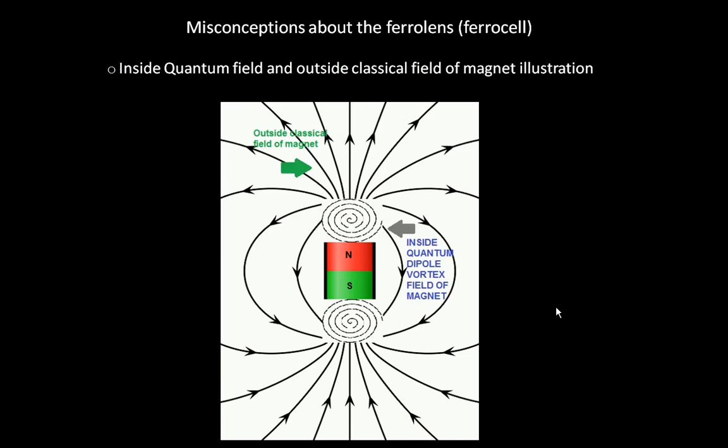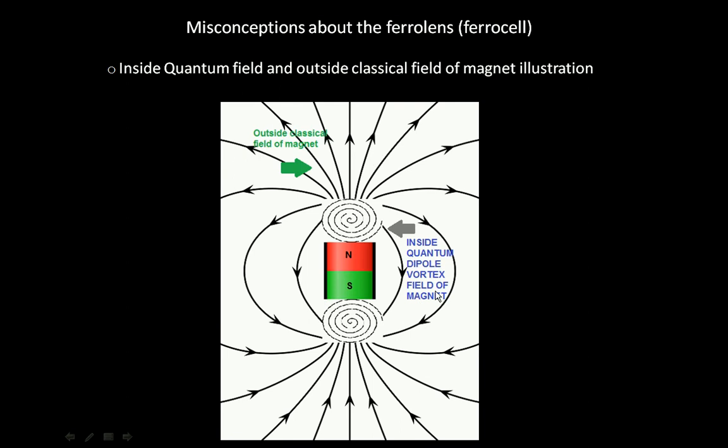You see here the two spirals, which are counter-geometrical vortices, in each pole of the magnet, and these two constitute the inside quantum dipole vortex field of the magnet, which, like two fans, generates the classical field of the magnet on the outside.